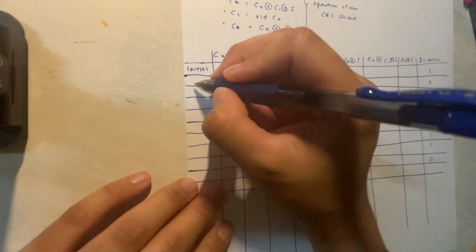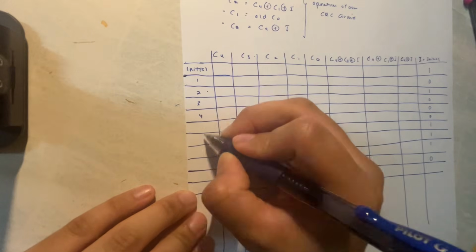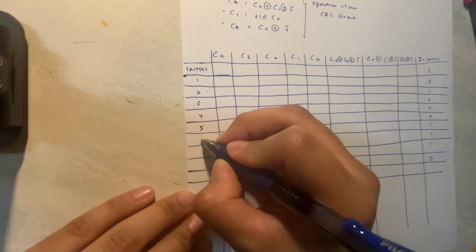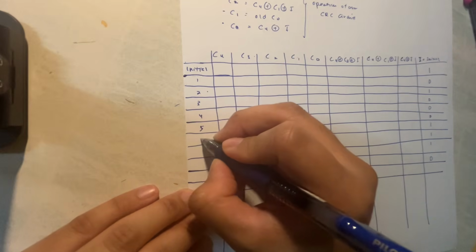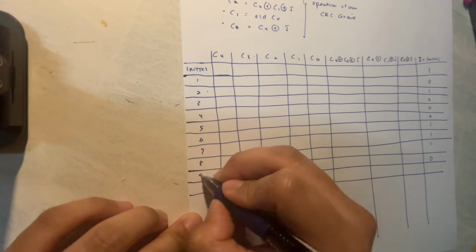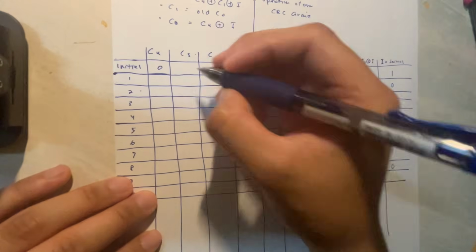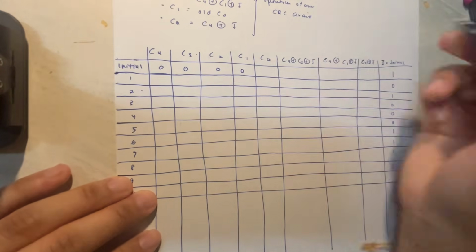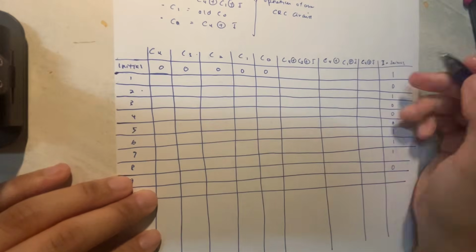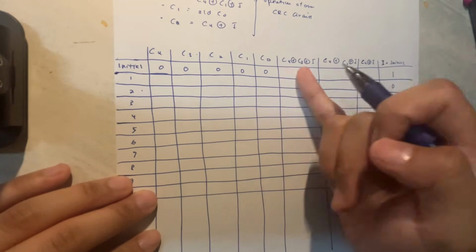So like I said before, what you're gonna do is start with the initial values of zeros. Fill out 0, 0, 0, 0, 0, sorry. And then you have to do the XOR operations here.